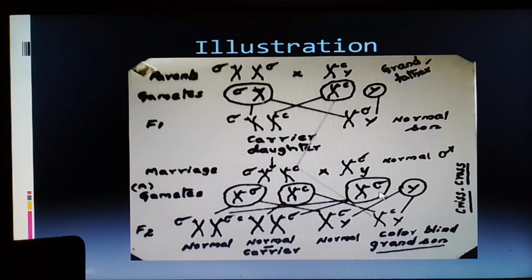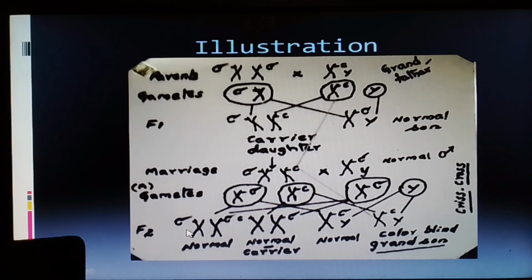And the male, with whom she was married, carries two types of gametes, X with capital C and Y.